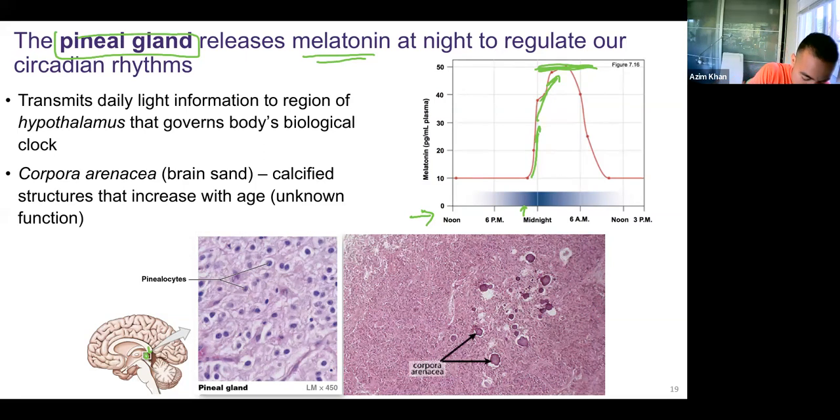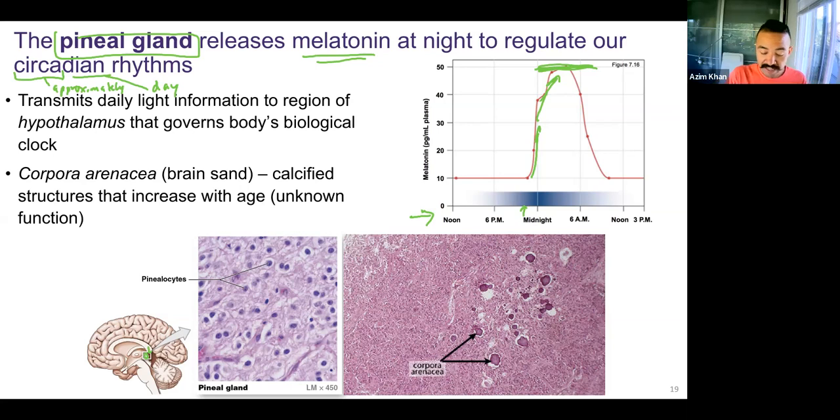Roughly, approximately, the word for that is circa. Day is dia or dian. So a biological rhythm that happens in approximately a day is a circadian rhythm. The pineal gland releases melatonin at night to regulate our circadian rhythms.